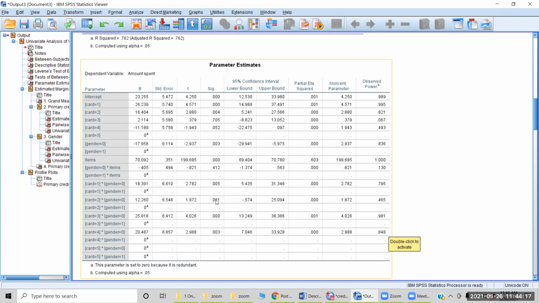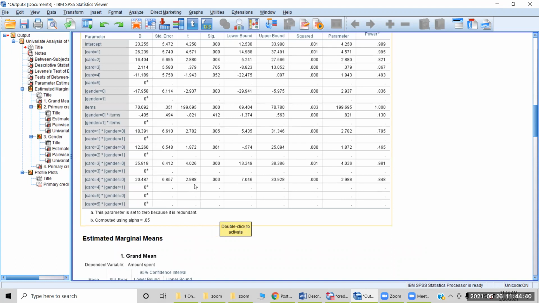Whether it is significant, no, it is not significant because it is above 5%. So whether card number 2 is held by male or female, the average expenditures do not significantly differ from each other. But in the case of card number 3, definitely there is a significant difference. So males are generally spending more than females. This is how we can analyze, and we can further proceed.